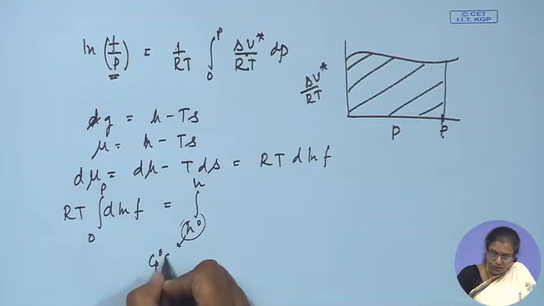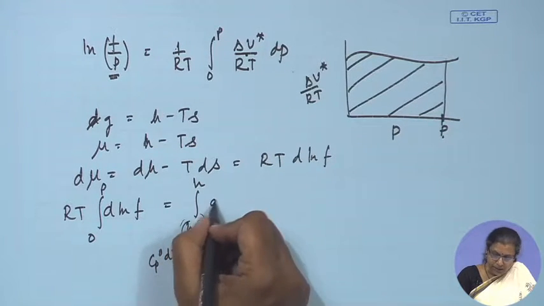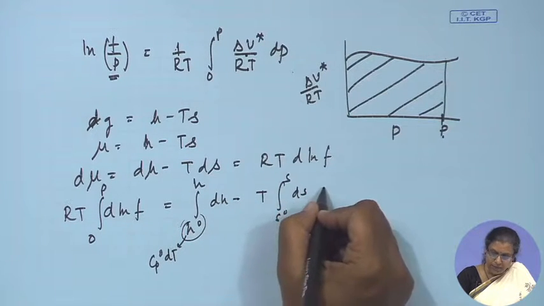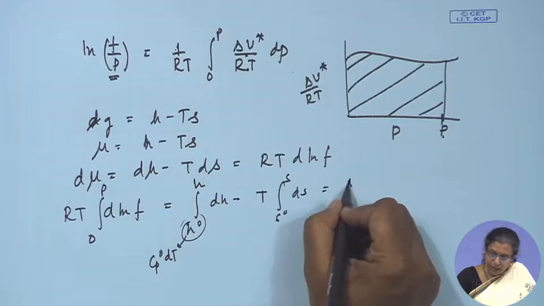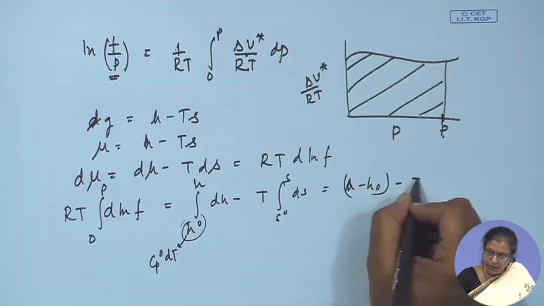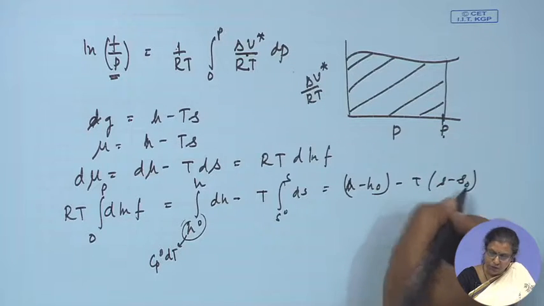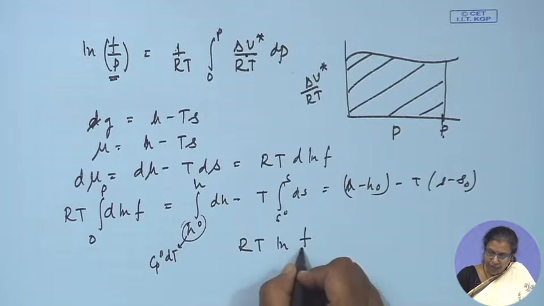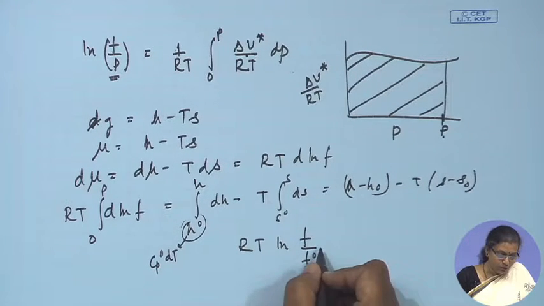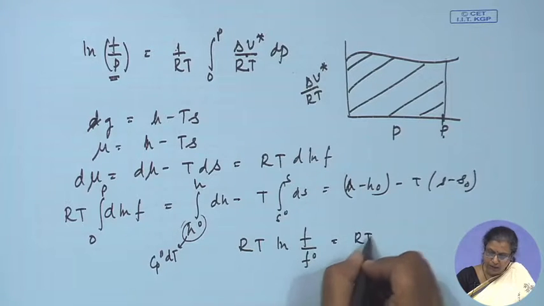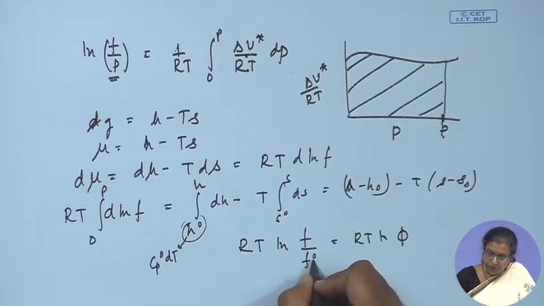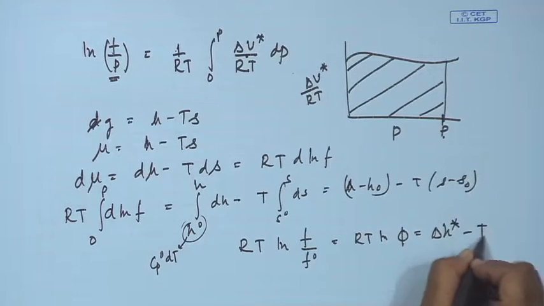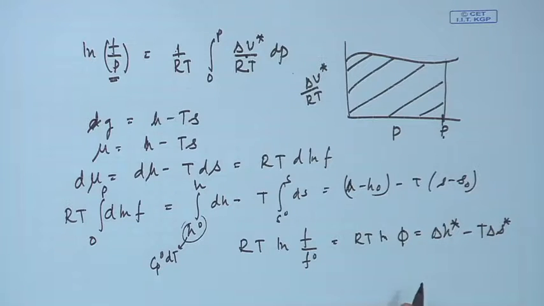So, this is equal to integral of Cp0 dT for H, minus T times the integral of ds, which gives us H minus H0 minus T times S minus S0. From which we can write it as RT ln f by f0. If f0 equals P, then this reduces to RT ln phi, and this is nothing but equal to delta H star minus T delta S star.